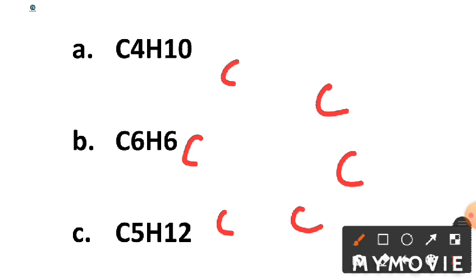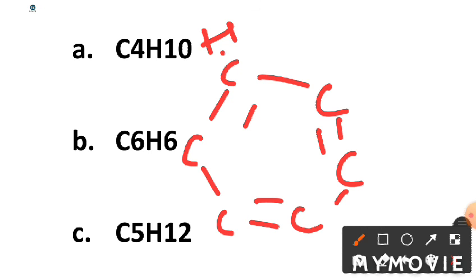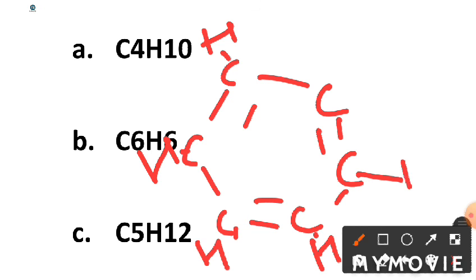Here it is connected with, then in this way, here only single and double bonds are found, so it is clearly not the correct option. So it is the structure of benzene, so it is not the correct option.